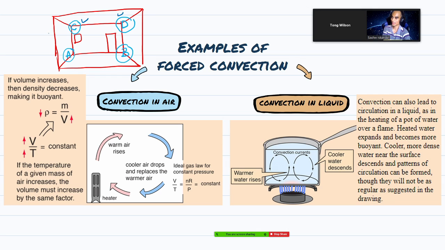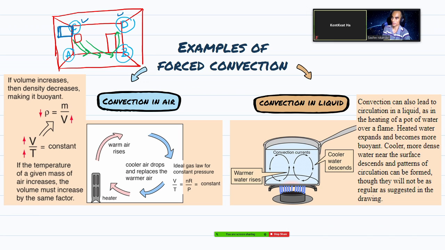So the answer is C or D. You see, if you put an air conditioner here, what happens is the cool air goes down, right? And when the cool air warms up because of the room temperature, it goes up.